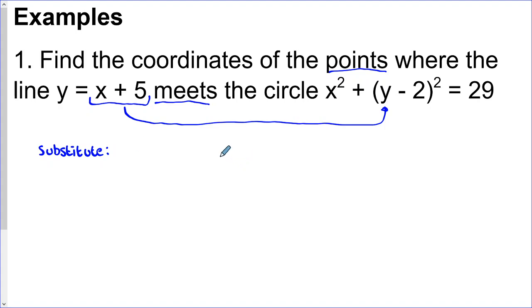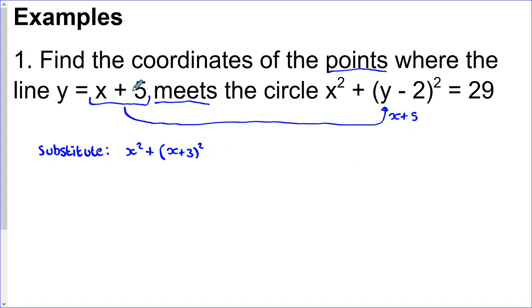Make this substitution into here, so we're still going to have the x squared plus then the bracket, and then y is going to become x plus 5. So here I'm going to get x plus 5 take 2. So just to skip a step and simplify that straight away to x plus 3.